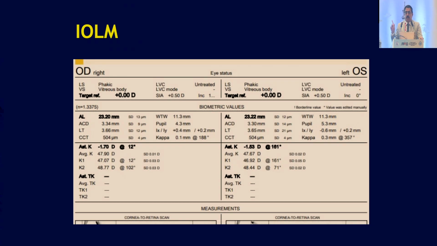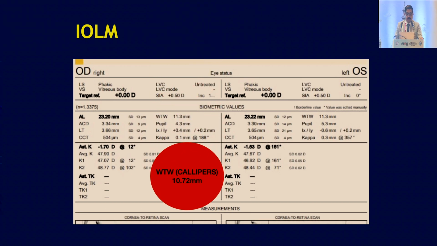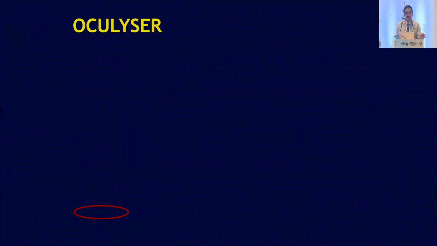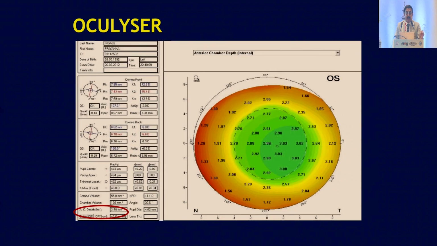Now let us look at this IOL master reading that it gives, and you can see that it shows a white to white of 11.3. When we measured this patient with the caliper, the digital caliper, it gave us 10.72, and that was consistent. So it is the digital caliper that we'll take into value.